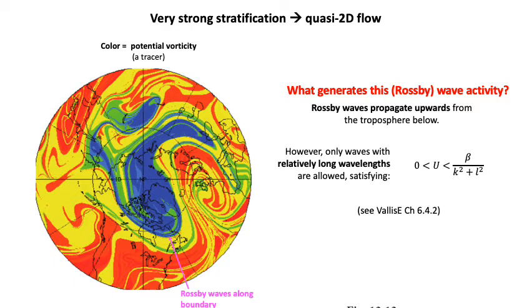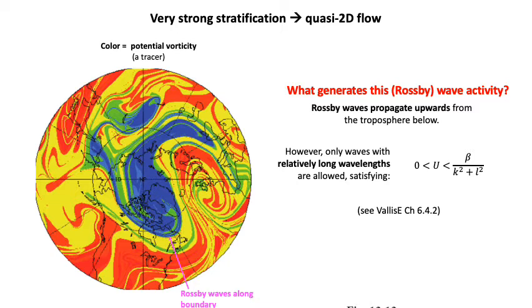below. And so note that only waves with relatively long wavelengths are actually allowed to propagate upwards. And it has to satisfy this very specific criterion, where U is the mean wind speed. So we're thinking about westerly wind, so positive U in the troposphere. It has to be positive, but also not too positive.